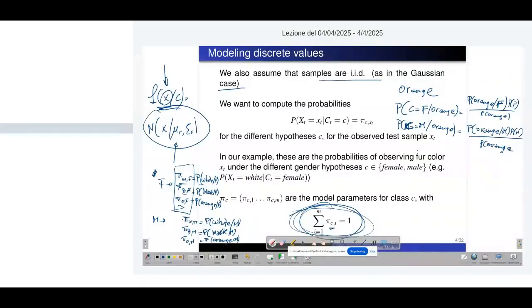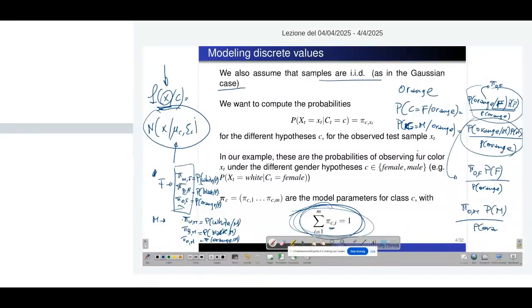And how do we compute this? Well, if I have the model parameters, this is pi orange f. So the numerator here, the first one, will be pi orange f times the prior for f, divided by P of orange, which we will see again, we don't really need to compute. And the second term here will be pi orange male times P of male, divided by P of orange.